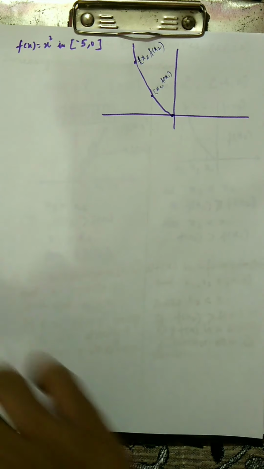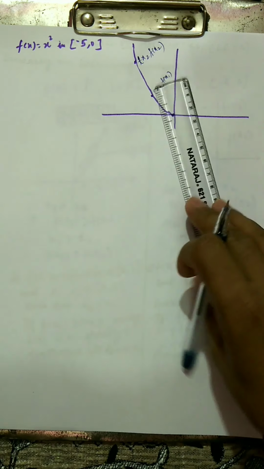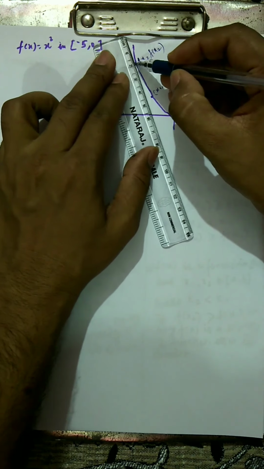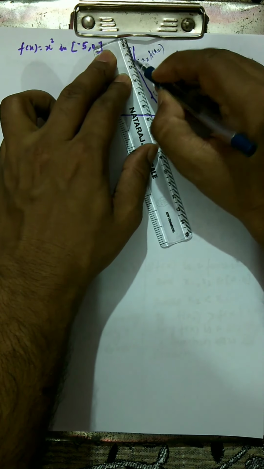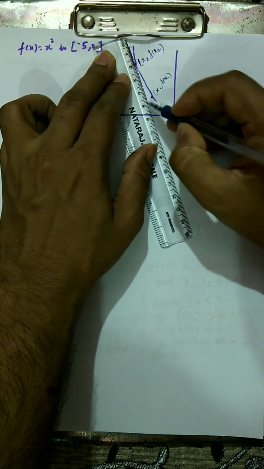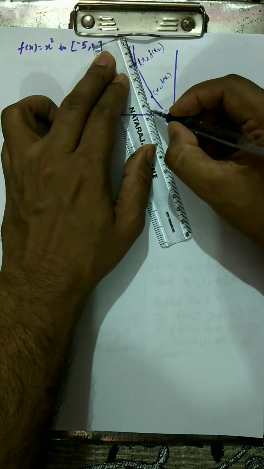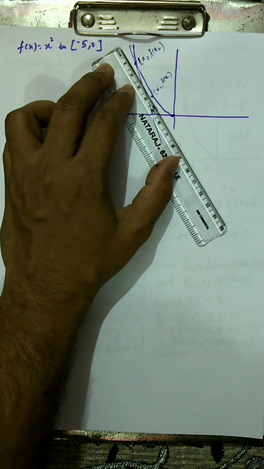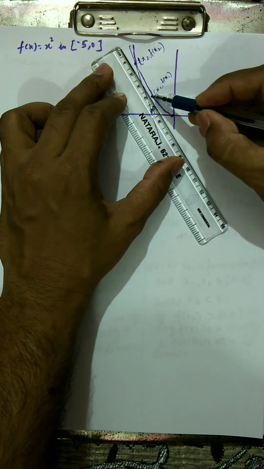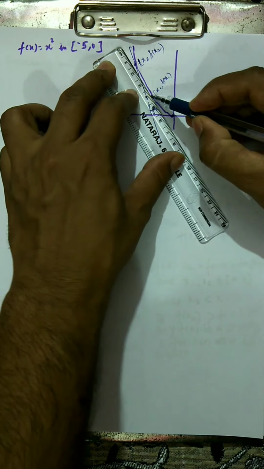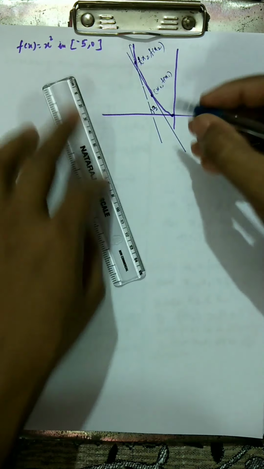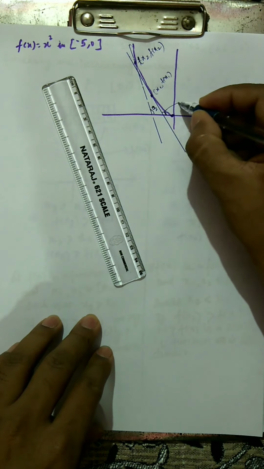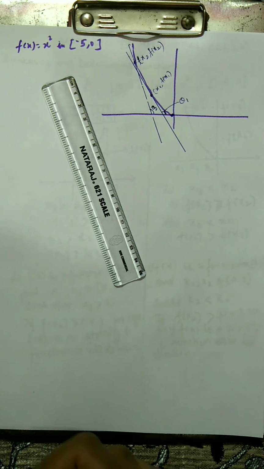If this is the situation and I want to draw the tangent, I can draw the tangent at this point. So this is my tangent and this is the angle, let's say theta 2, and this is another tangent at point x1.